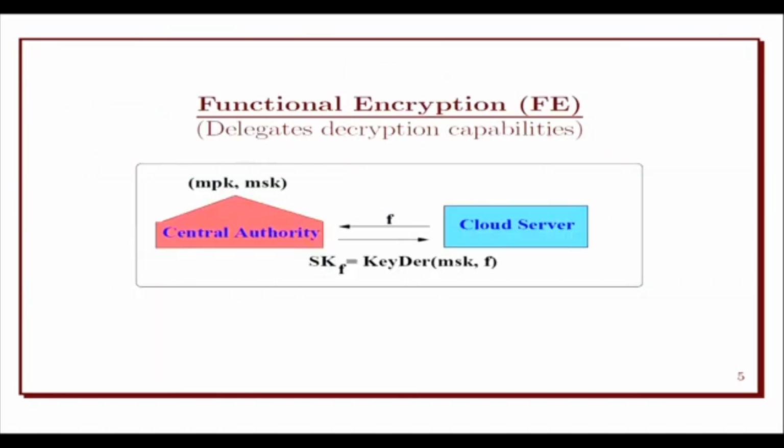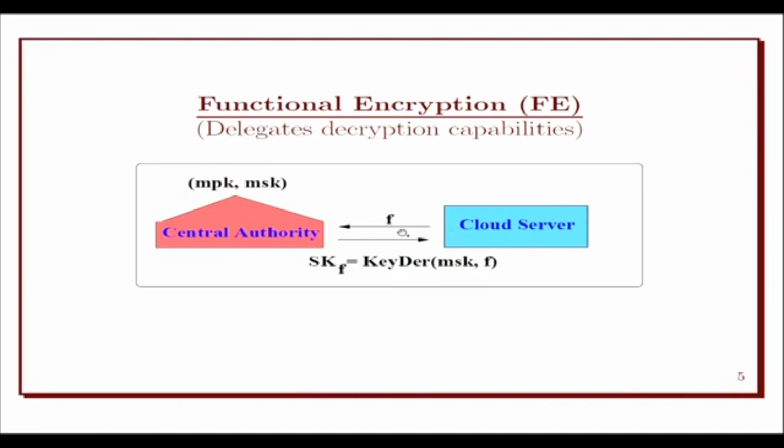Okay, so now let us come to the functional encryption scheme, which is the generalized version of homomorphic encryption. Here we have a central authority, and this authority, the cloud server, is sending a functionality F. At the setup phase the authority has a master public key and a master secret key.